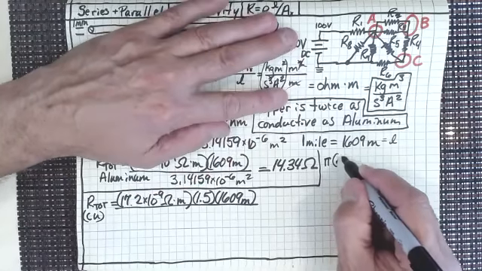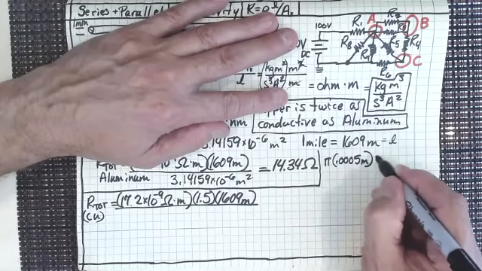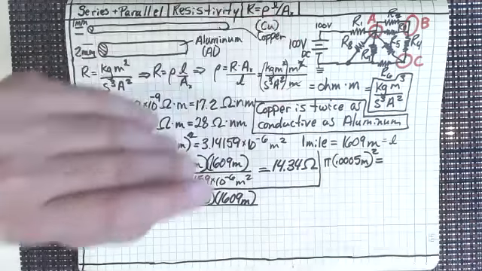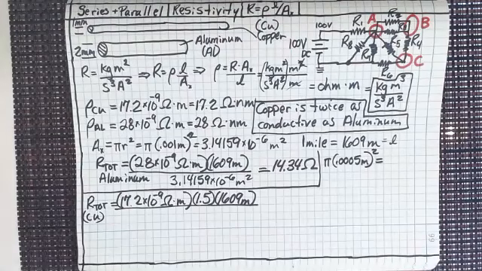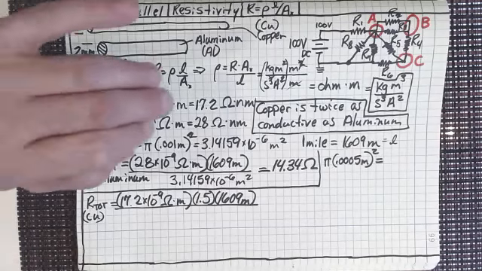But if we do that, if we say pi times 0.0005 meters squared, right? What is that going to be? And I think everybody can see, or can punch it in their calculator anyway. You get exactly that.